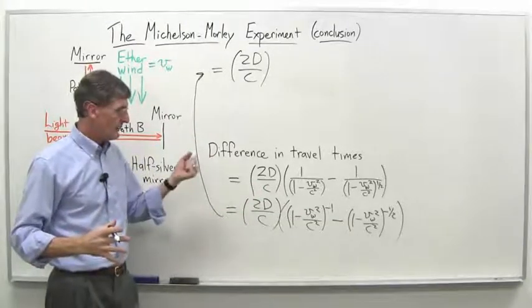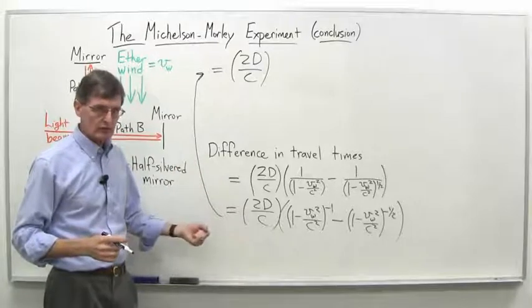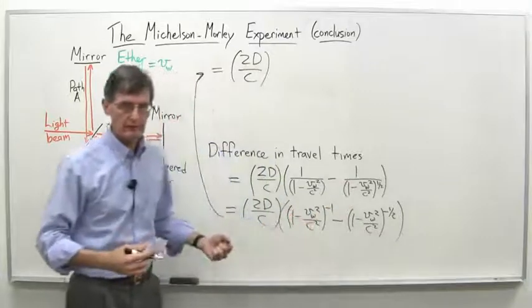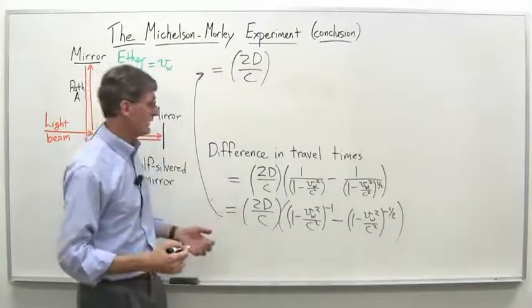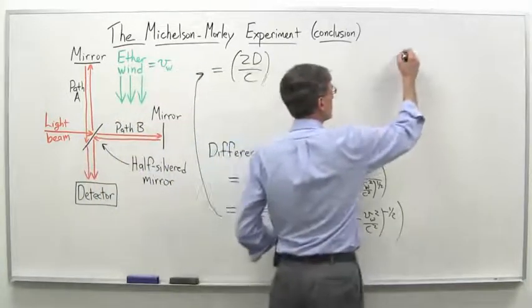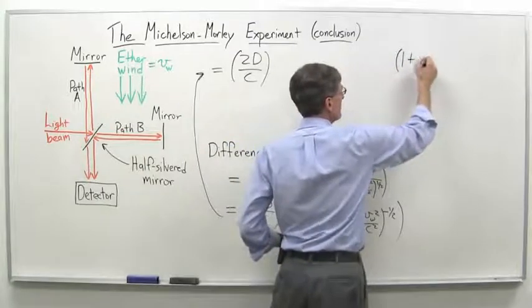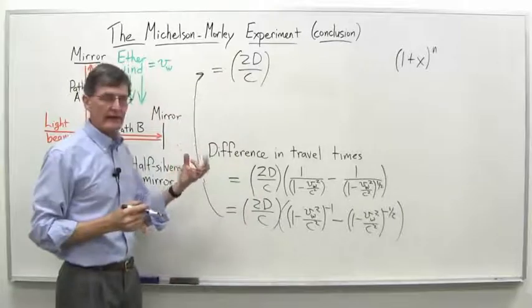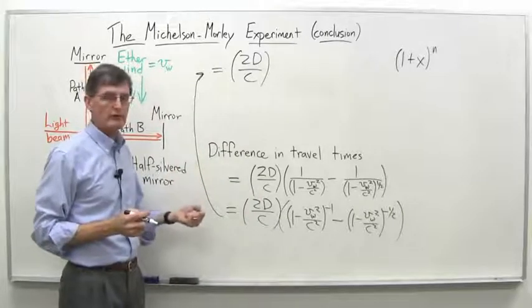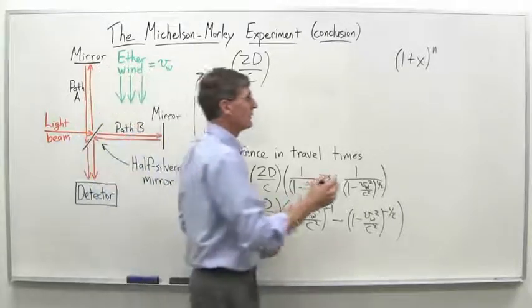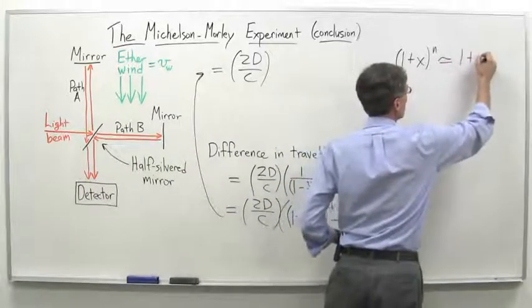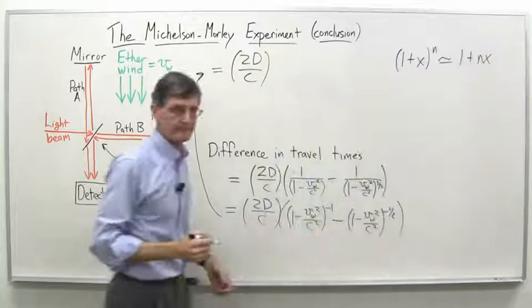Remember we talked about the binomial expansion, from the first video clip on the Michelson-Morley experiment. When we have something like 1 plus x to the n, if x is much smaller than 1, then we can write this as approximately equal to 1 plus nx.